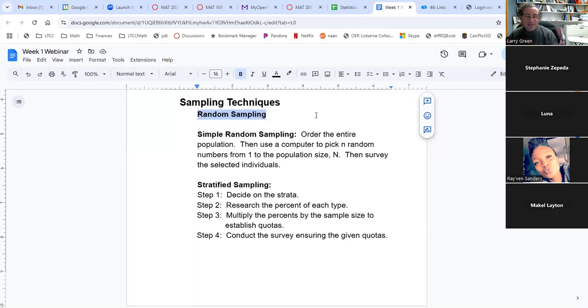Put those counties in a computer, have the computer randomly select, say, 5 counties if that's what you wanted, and that would work because you can actually list them all. If you can't list them all, you can't do it. And counties don't decide to say yes or no. It's a county. Do you see? People can say yes or no. They can say, I don't want to do this survey. Forget you. And then you don't have a random sample. Do you see that?